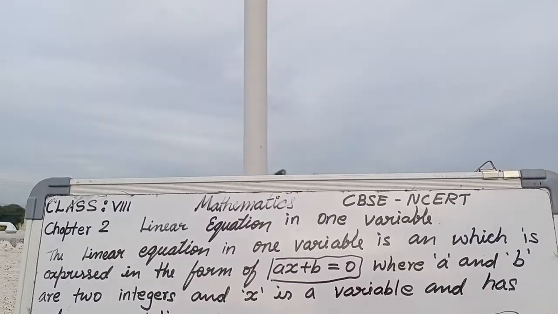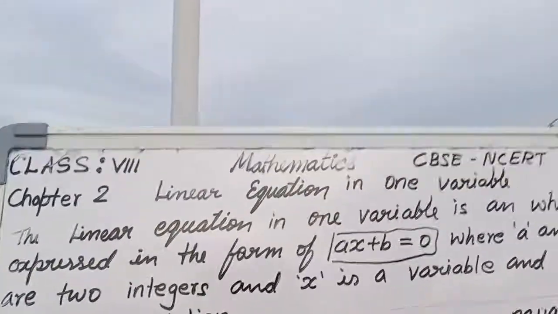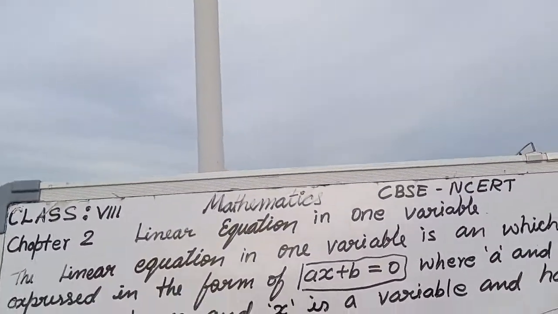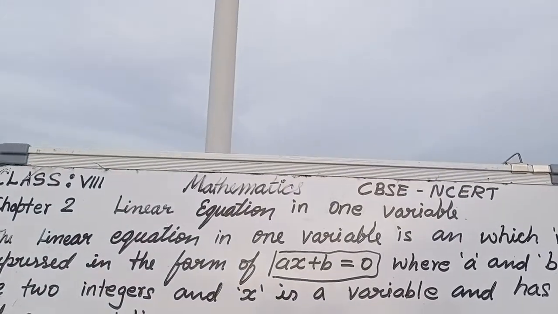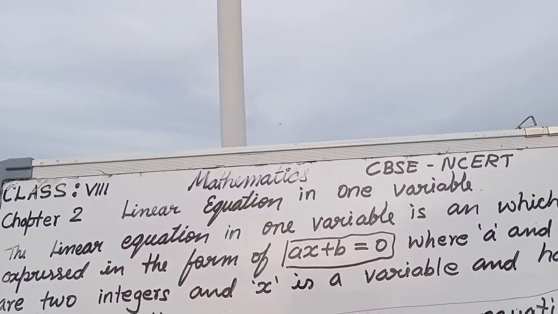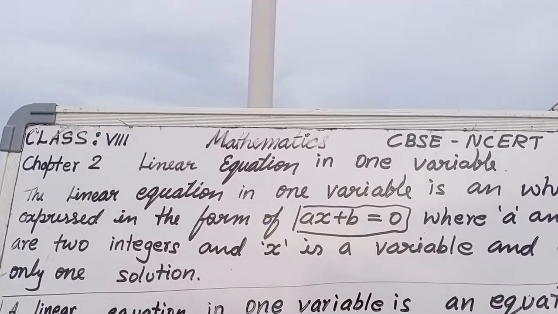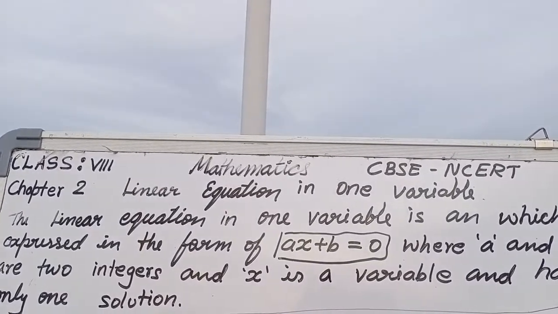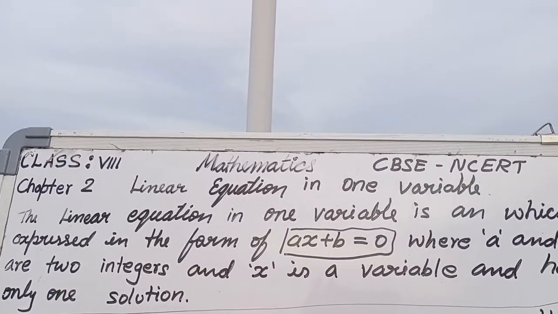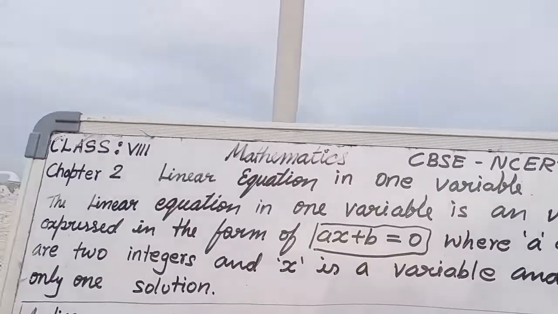Means for x we can find only one solution. Why have they not taken whole numbers or natural numbers? Why have they chosen integers? Because the x value might be positive or negative. So they have considered a and b as two integers.